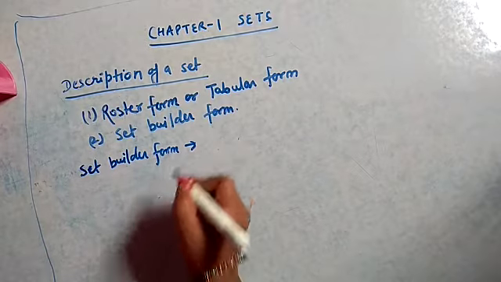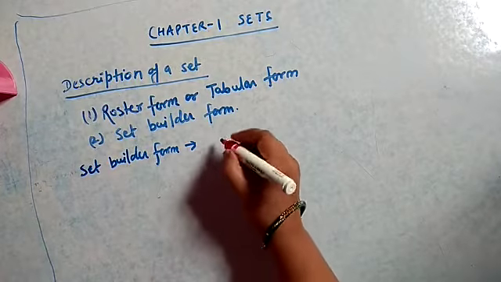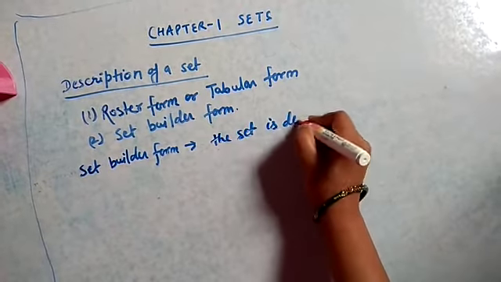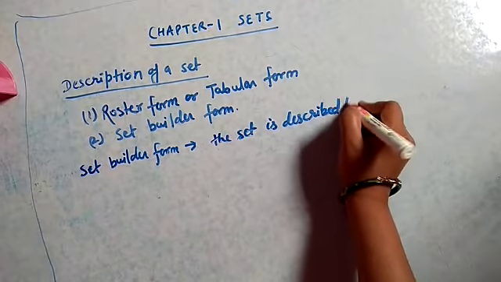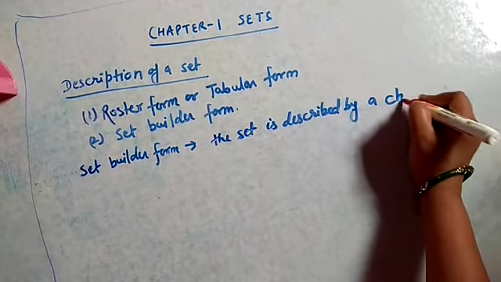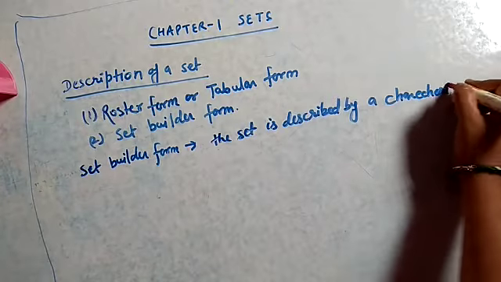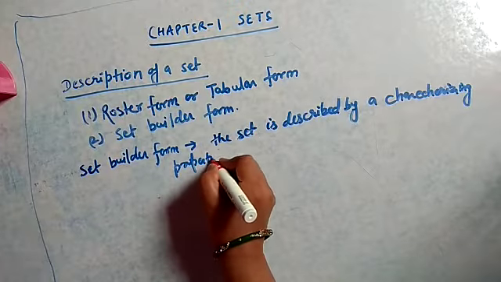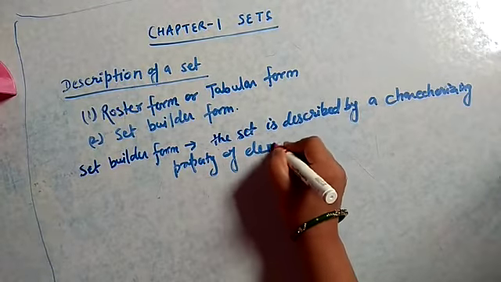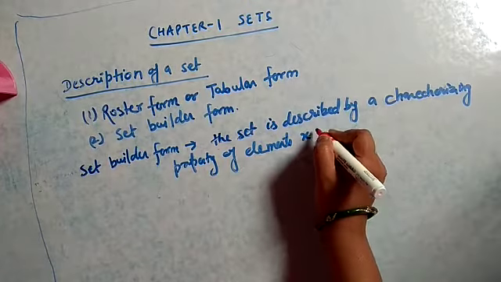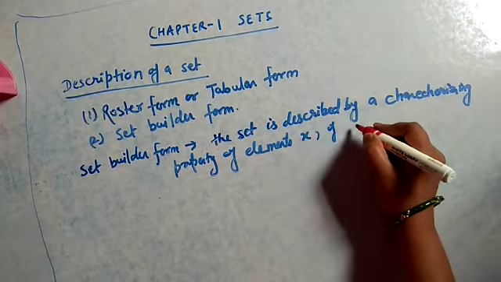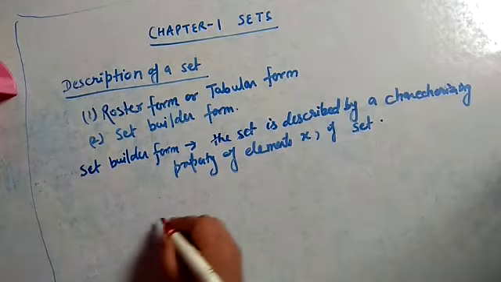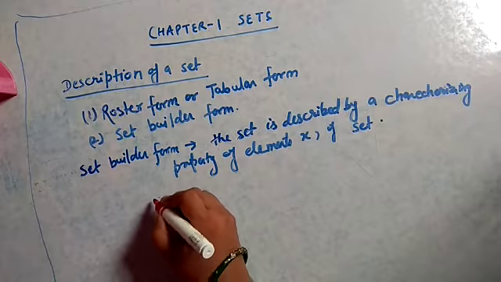In this form, the set is described by a characterizing property of elements x of the set. Okay, and here we are representing the set.